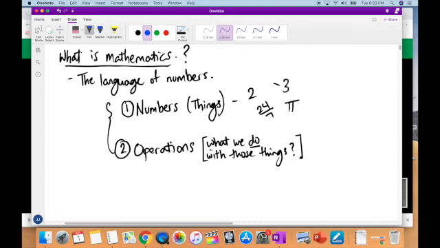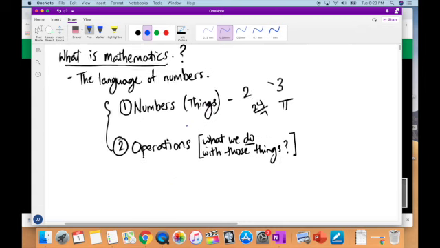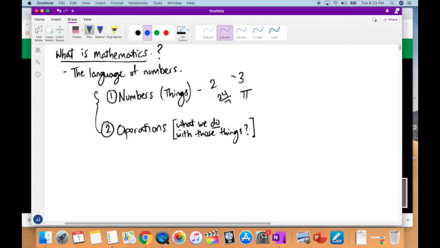Give me an example of an operation. Caitlin, what's an operation? Yes, that's it. We have these operations: addition, subtraction, multiplication, and division. So maths is a language, and that language comprises two parts.